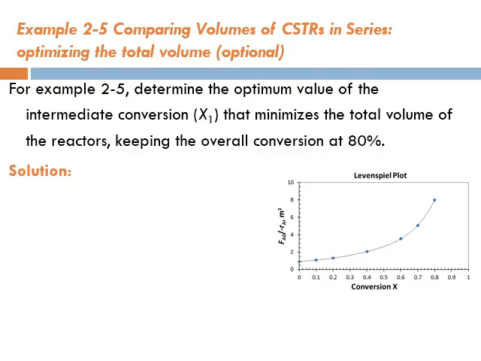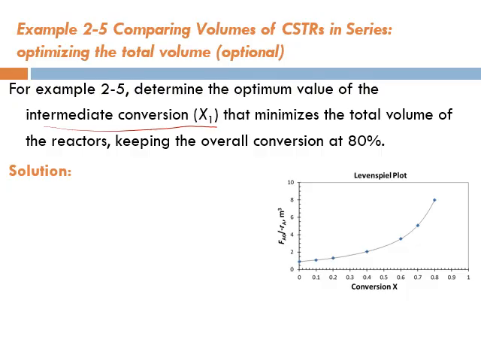There is one optional exercise here which you can do at home, and this will leave you with a question. What should be my intermediate conversion in order to minimize the total volume of the reactors? So for example 2.5, this is the optional question. For example 2.5, determine the optimum value of the intermediate conversion x1 that minimizes the total volume of the reactors, keeping the overall conversion at 80%.